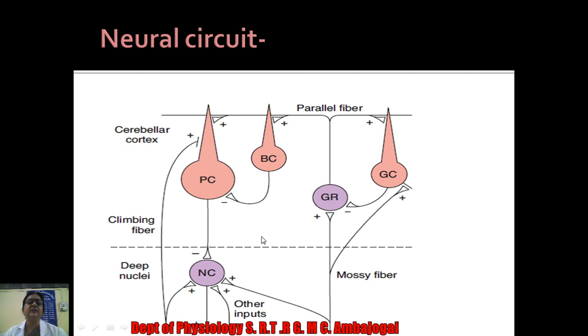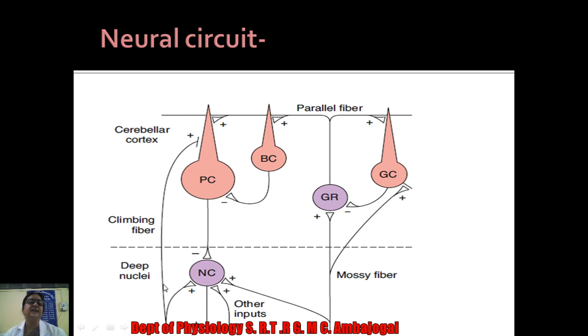Just because the basis of working, connection and function is the neural circuit, we will give a fast revision of the cells present in the various layers of the cerebellar cortex. This is the molecular layer, composed mainly of parallel fibers and cells, that are the basket cells, Golgi cells and stellate cells. Then the layer of the Purkinje cells, and this is the layer of the granule cells.